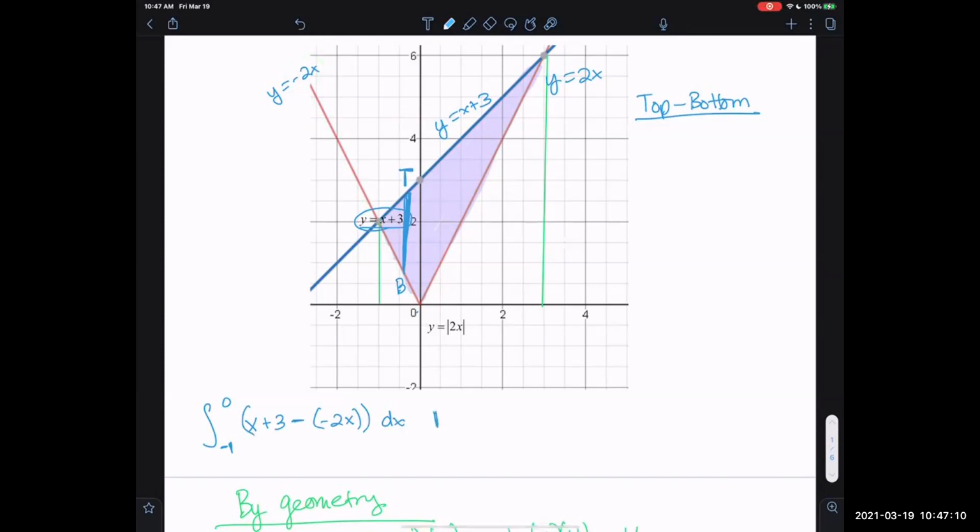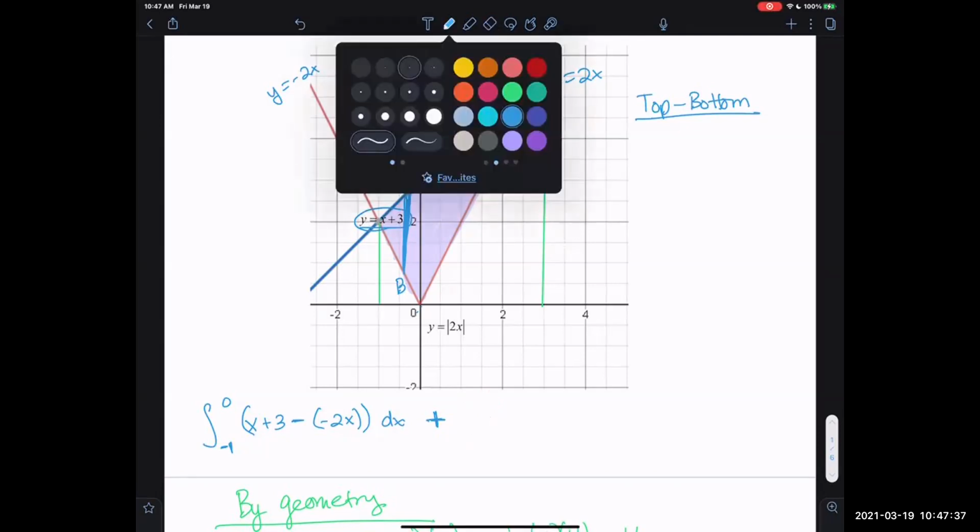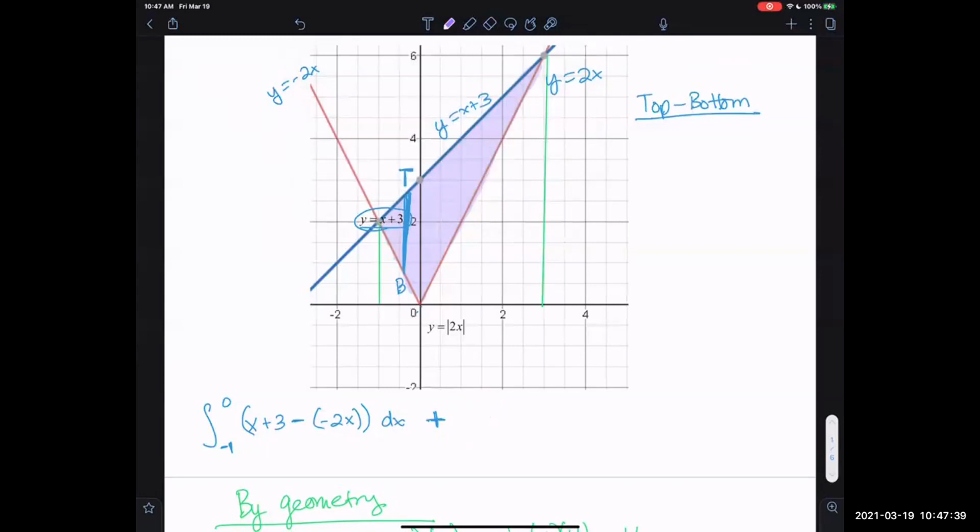Now, we are going to add that to the remaining area from 0 to the right up until 3. So my next integral setup is from 0 to 3. And again, it hasn't changed in the sense that, and actually what I should do, because technology is great for these reasons, is change color.